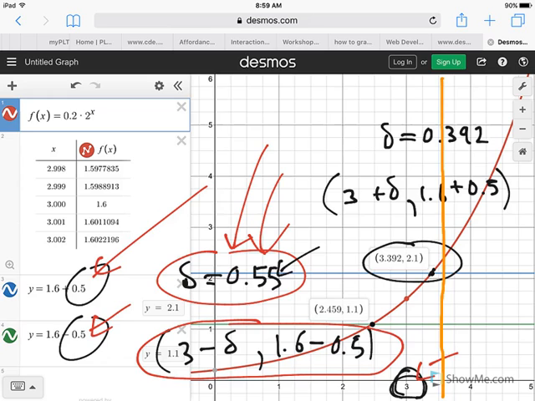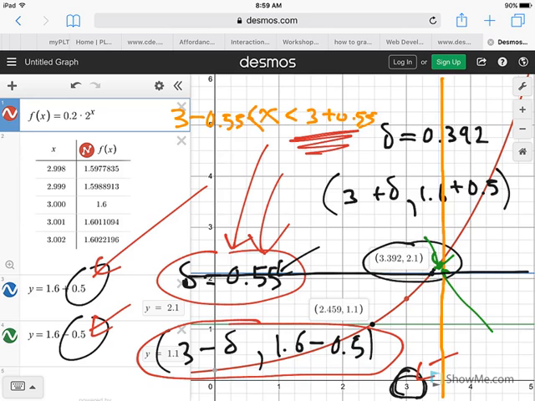And you can see that there will be some x values that are within (3 minus 0.55) and 3 plus 0.55, but you run into problems over here because if you look at the graph, there are going to be some points on the graph in the portion that I'm shading in green here that are going to be above the horizontal line y is equal to 2.1.